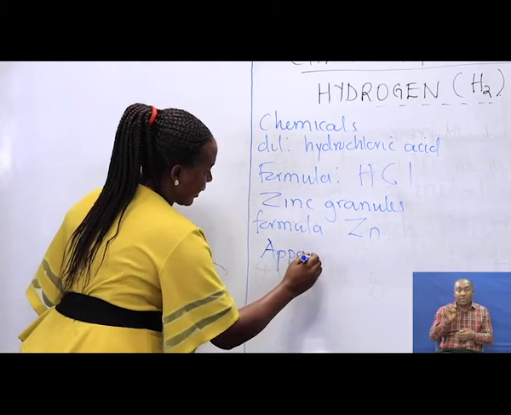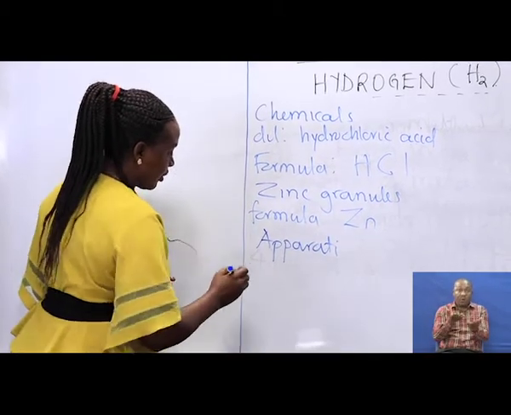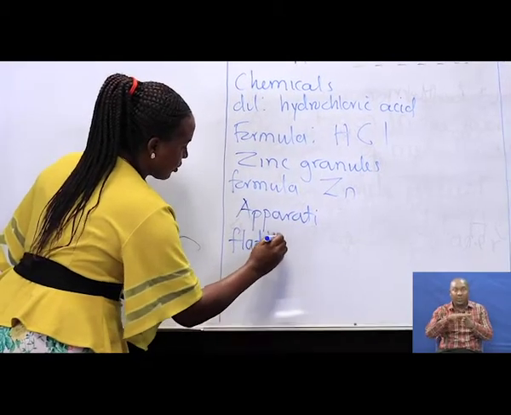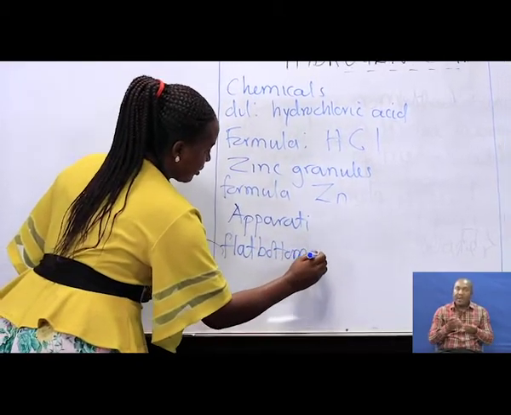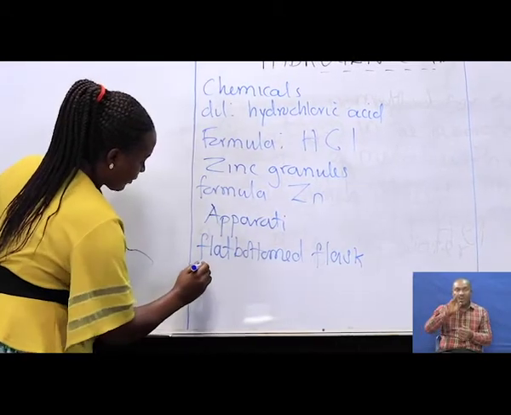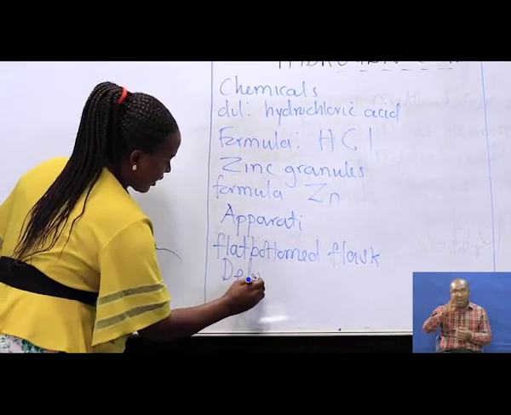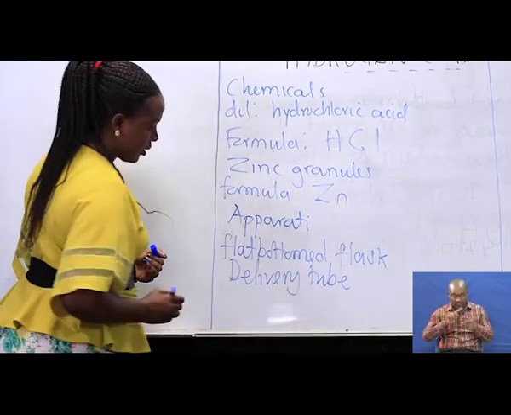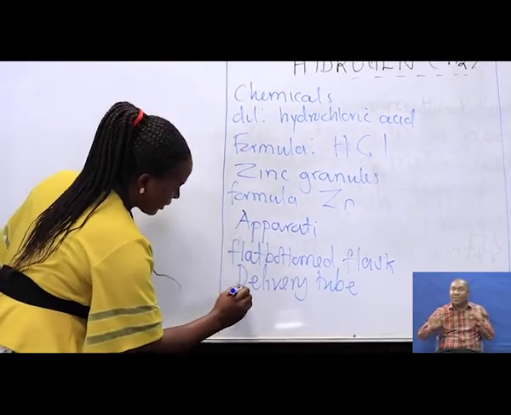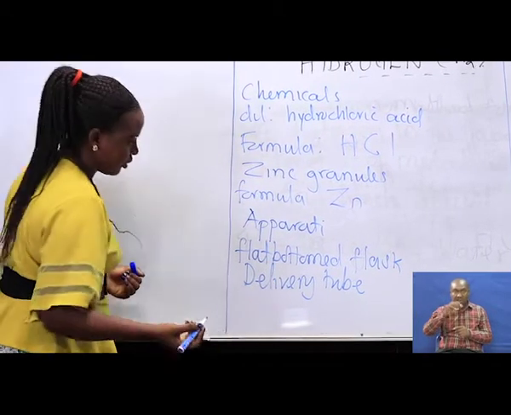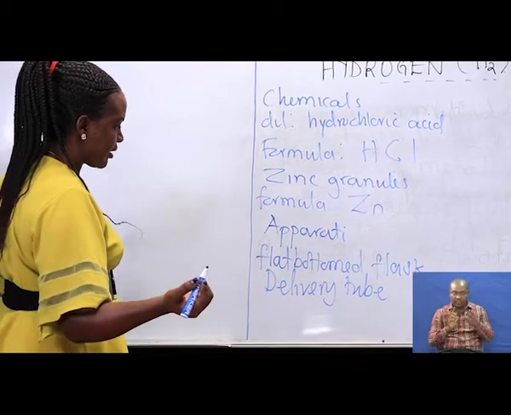What is the apparatus used? We must have a flat-bottomed flask. Also, we must have a delivery tube. Also, we must have a retort stand, though you can do without a stand, it is not necessary.